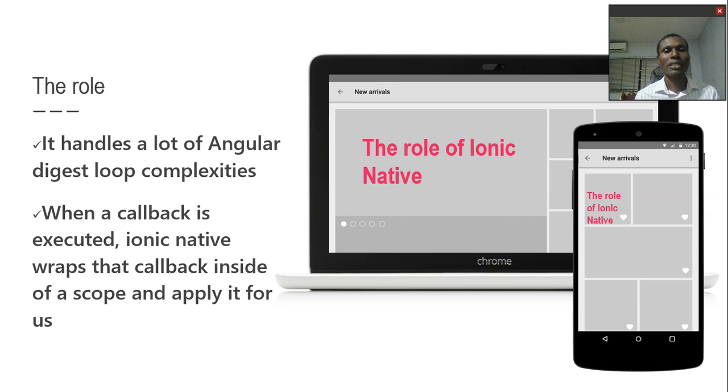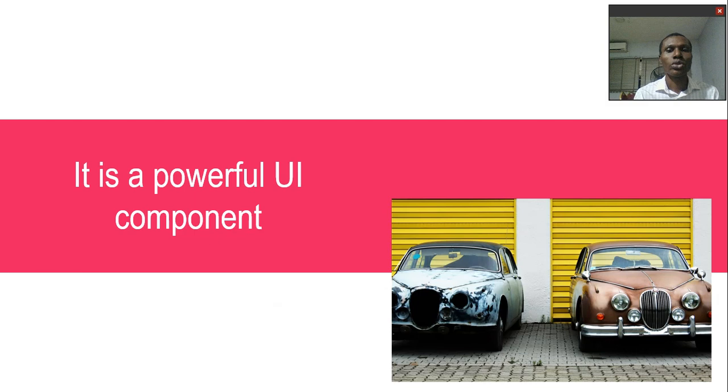The callbacks are handled inside the Ionic Native, and it is scoped and applied to the app we intend to build. So these are some of the roles that Ionic Native brings to the table when you combine it with the Angular framework.